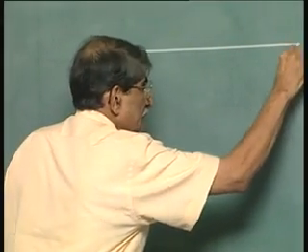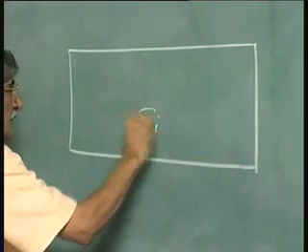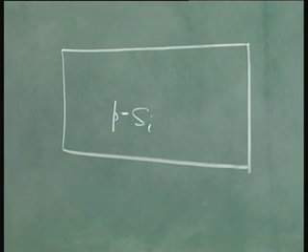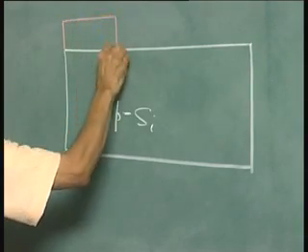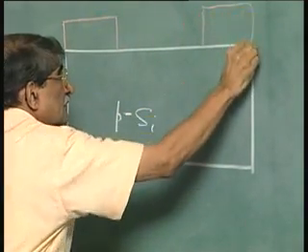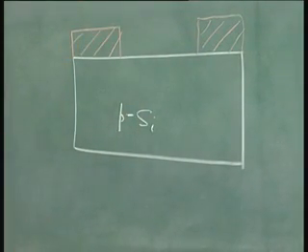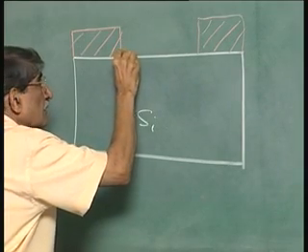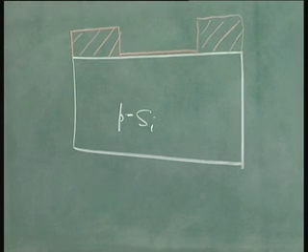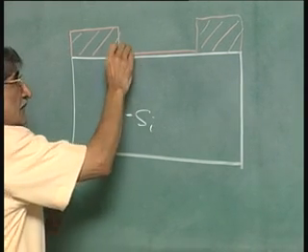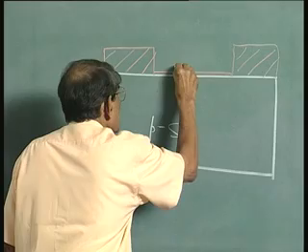When you do that, that gap which you decide is, for example, what we are talking of is, if I take the substrate silicon, p type silicon, and I have this oxide which defines the active region of the MOSFET, and then you have this oxide which will form the gate oxide, and then on the top of that you will have polysilicon deposited or a metal deposited for example, and then you define this region.